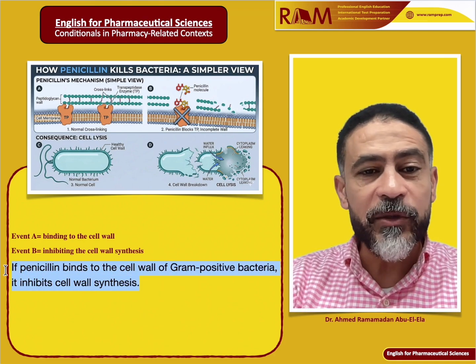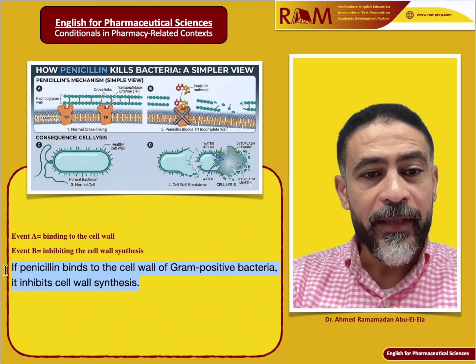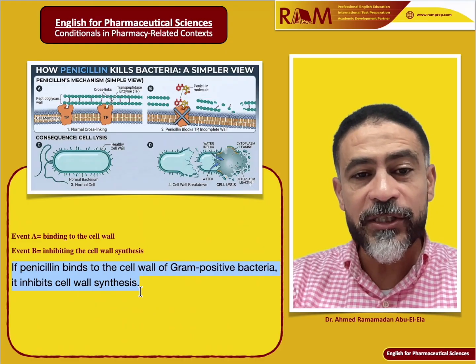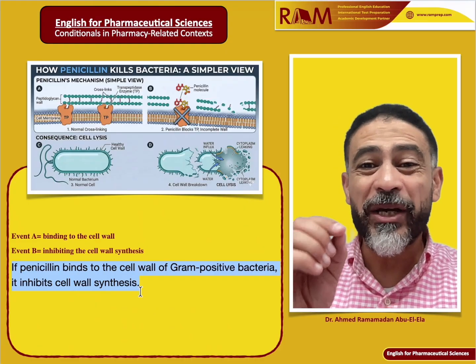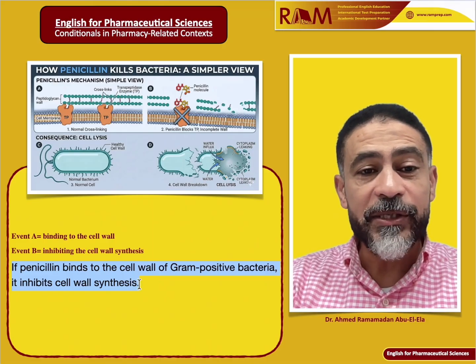You can say if penicillin binds to the cell wall of gram-positive bacteria, comma, it inhibits the cell wall synthesis. And you can start with the effect.